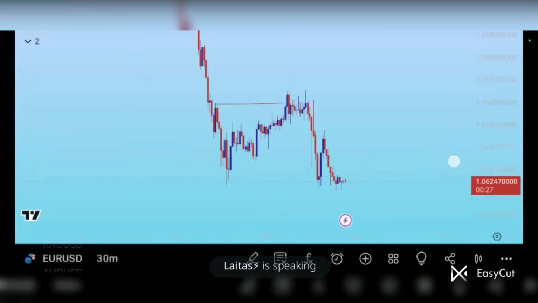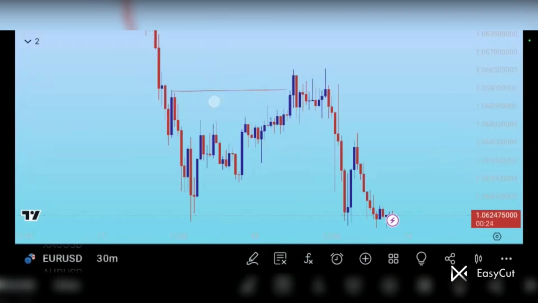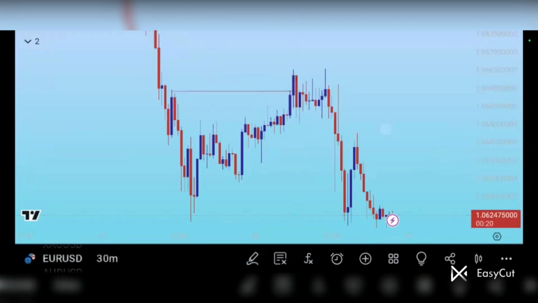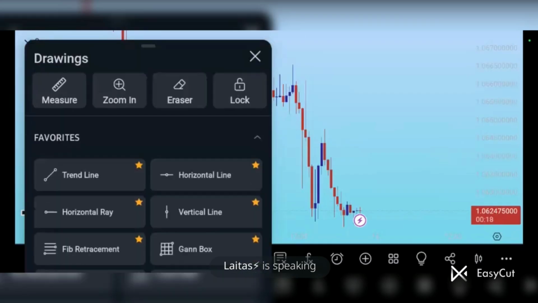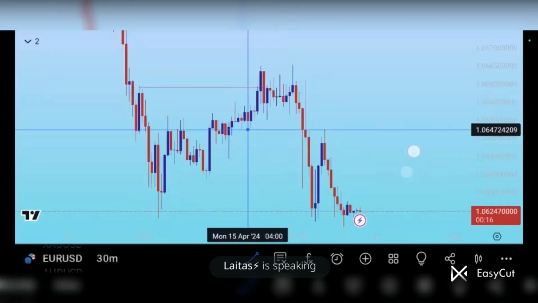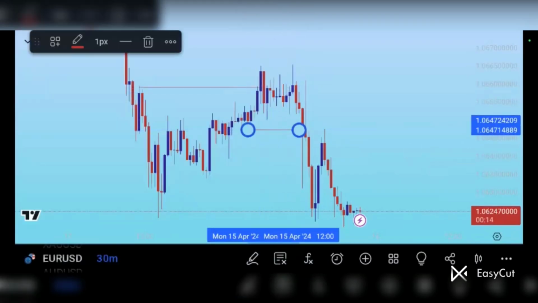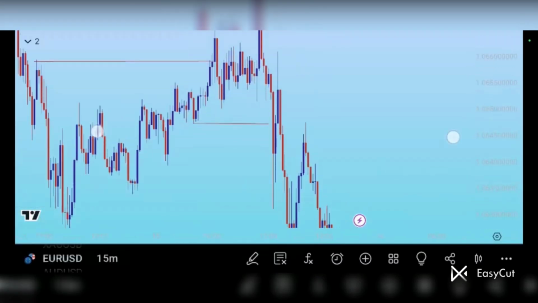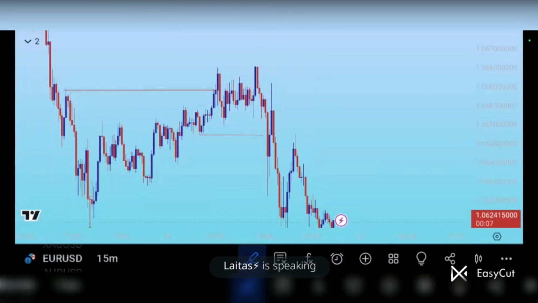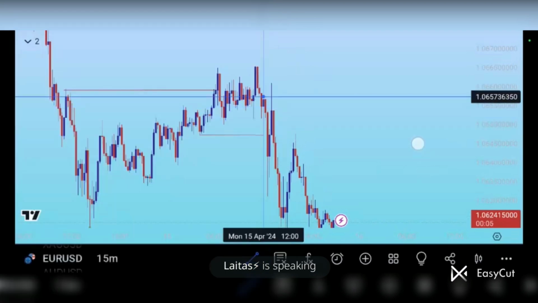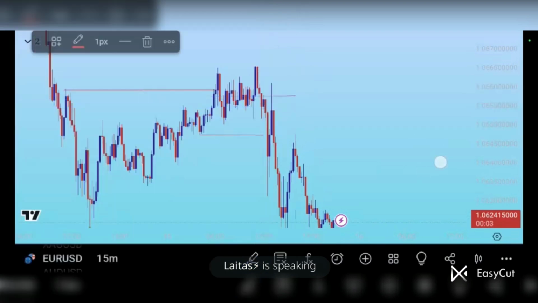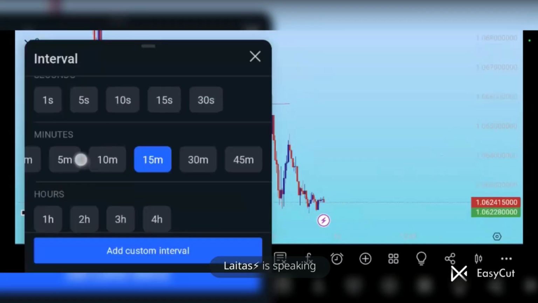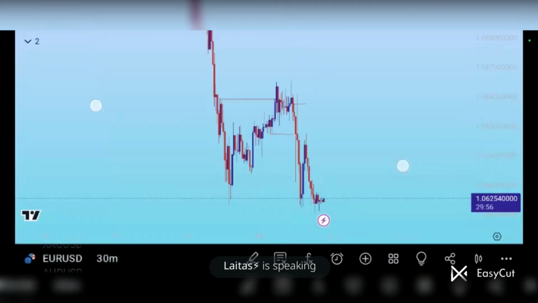You see this taking out, and you see price breaking this low here. Do you see this low here? Then they use this as inducements or liquidity. Then they enter the market from this place.